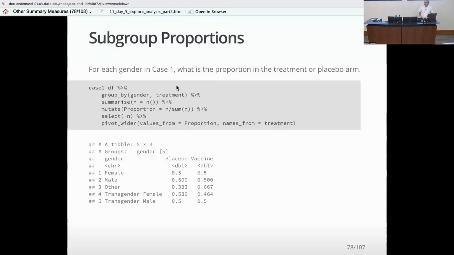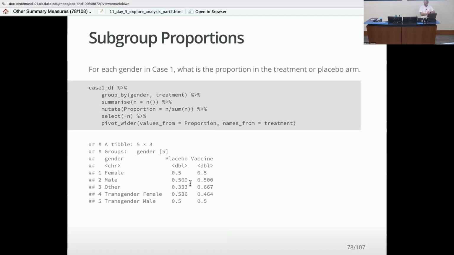And then quickly, I mentioned this before, I'll just touch on it now. We can also have other sorts of summaries. For example, with categorical data, I mentioned that it didn't necessarily make sense to look at categorical data as a mean or a median, but we can do things like look at proportions.